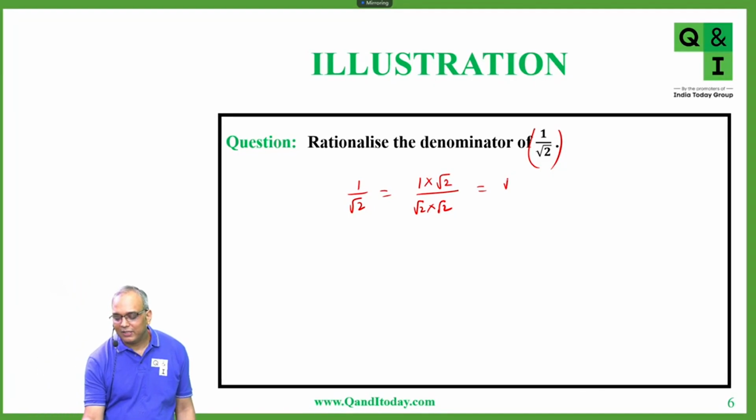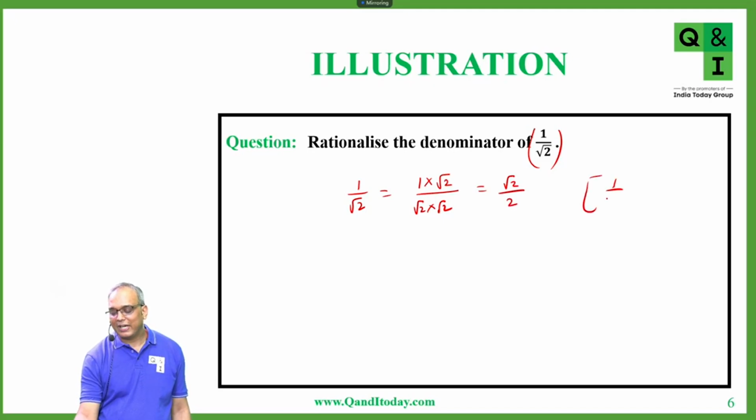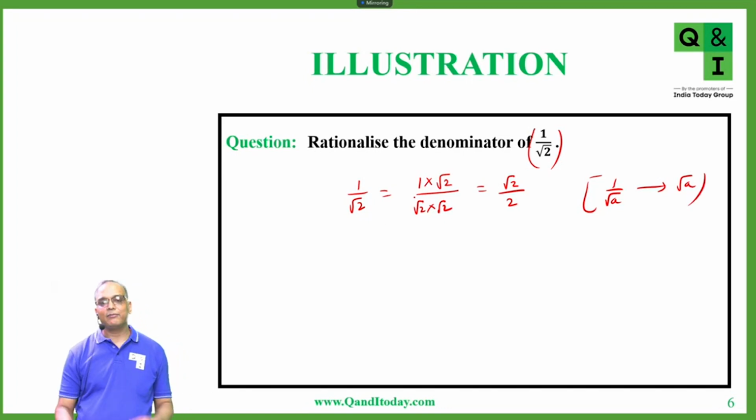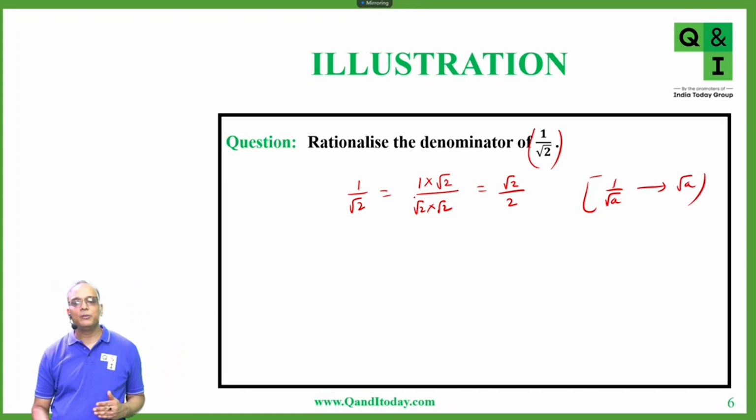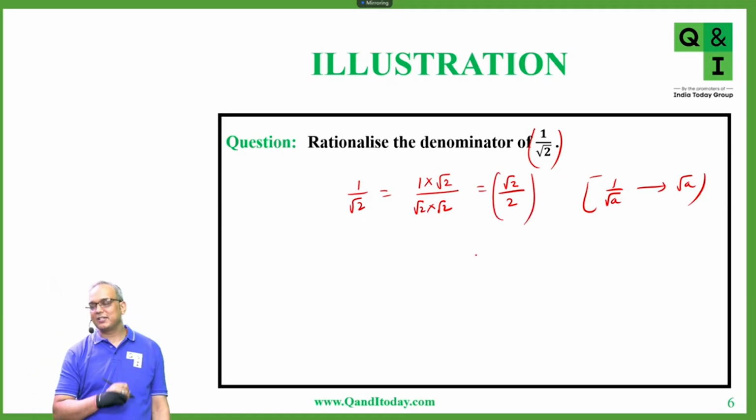So this will be equal to root 2 over 2, right? Because we know that the rationalization factor of 1 by root a is root a, that's why we have multiplied by root 2 in both numerator and denominator to get this rationalized denominator.